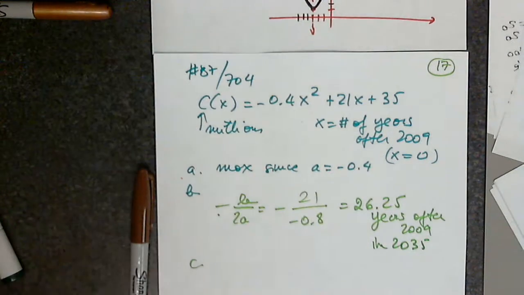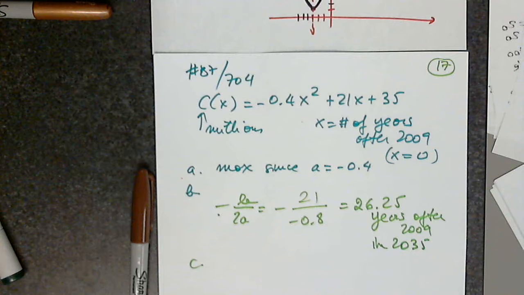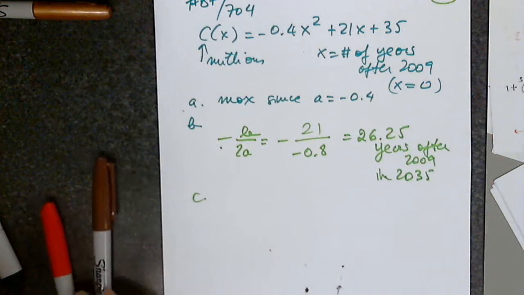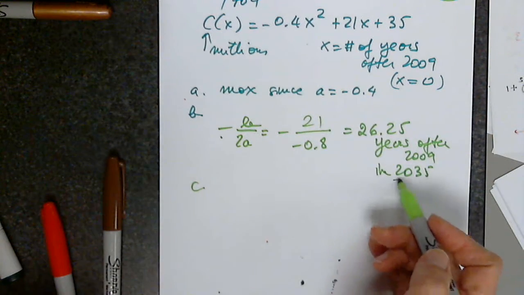And the last question. What is the maximum? Of course, we established it's a maximum number of Wi-Fi enabled cell phones. Round to the nearest whole million. How do I find the number of Wi-Fi enabled cell phones in 2035?